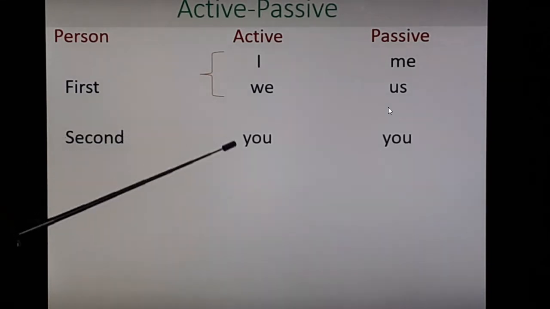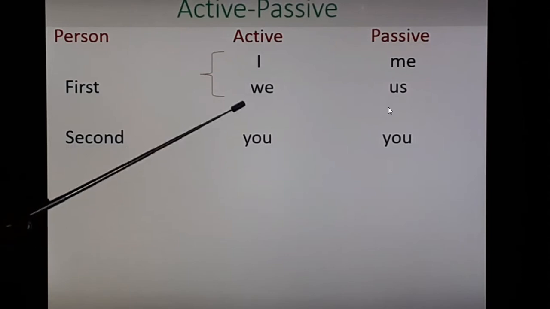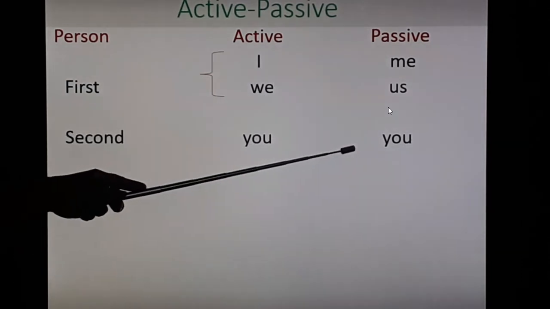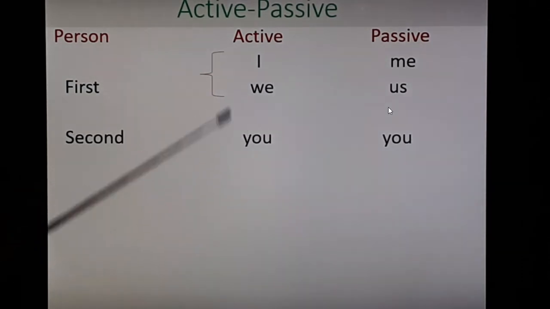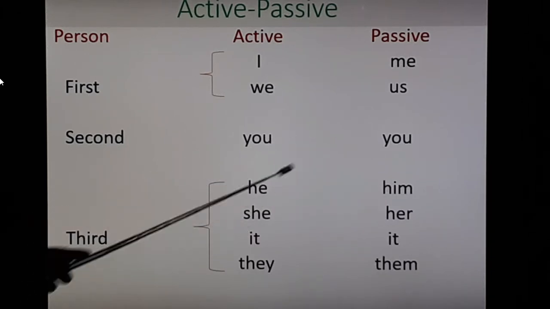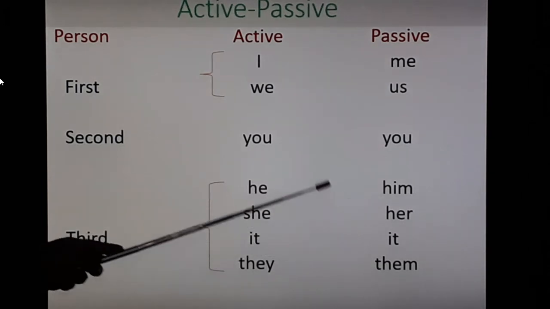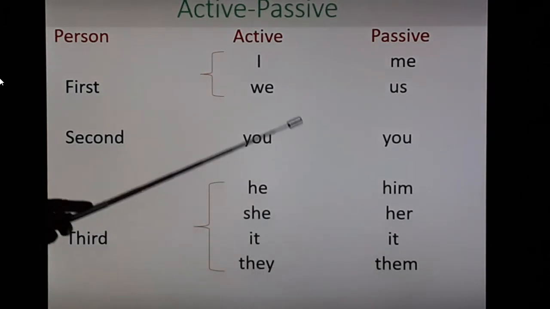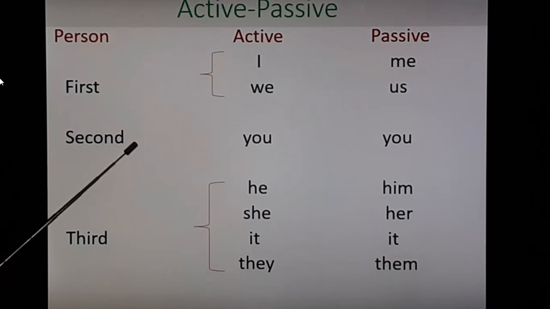Second person: you in active voice will be the same in passive, as you, in singular and plural both. Third person: he, him, she, her, it, they, them. So you have to learn all these pronouns by heart.